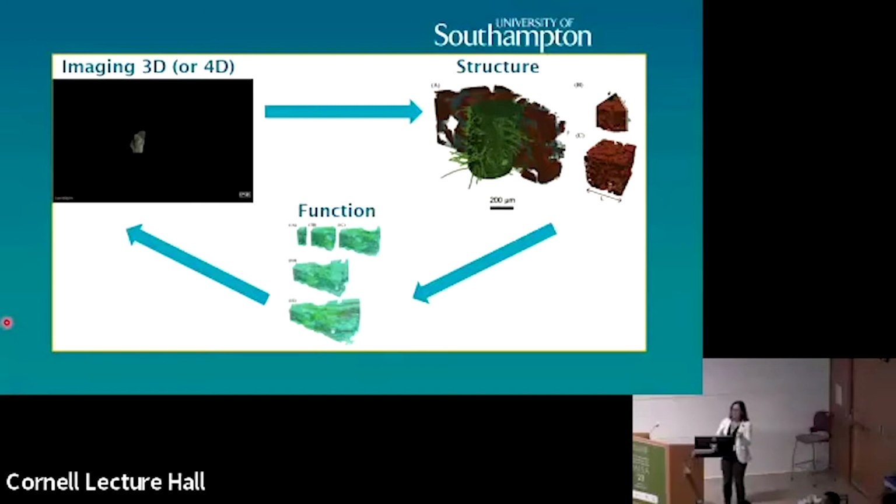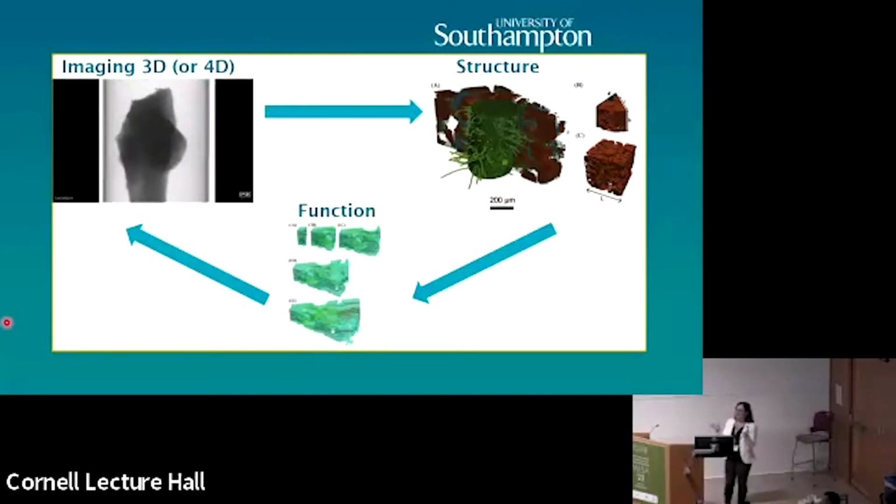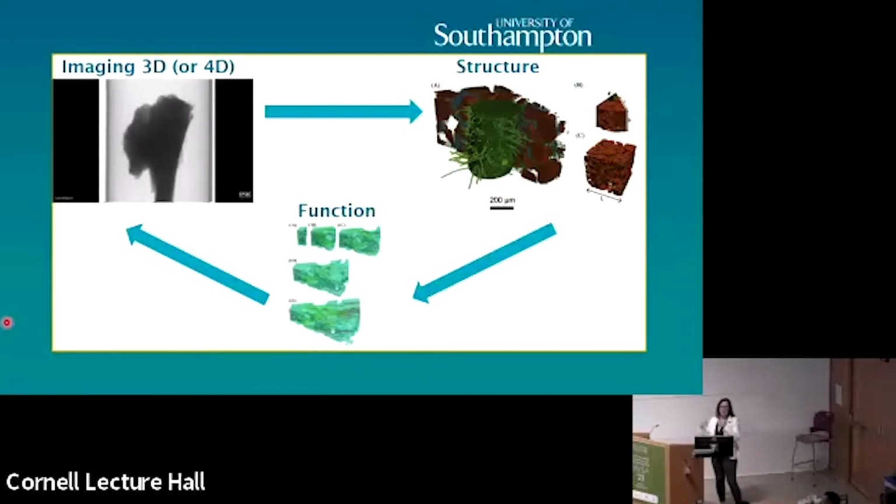So I don't need to tell you what 3 or 4D computer tomography is. We have a big facility in Southampton which has multiple different tabletop machines. So you image, you get the images, you segment them out, so you get the structure. Now that is, in engineering speak, a pretty picture.